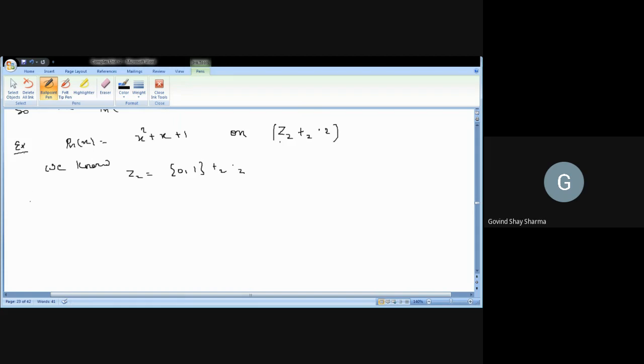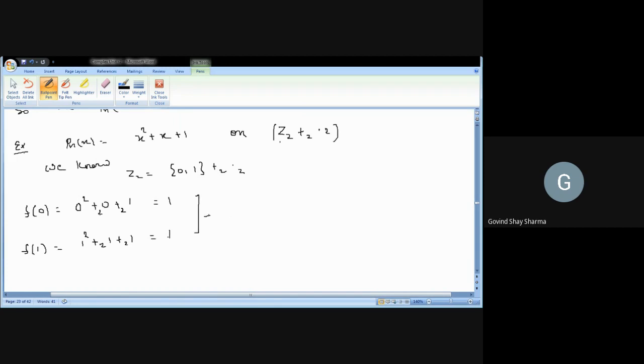First we find the value f(0): 0 square plus 0 plus 1 is 1. f(1): 1 square plus 1 plus 1 gives 1.